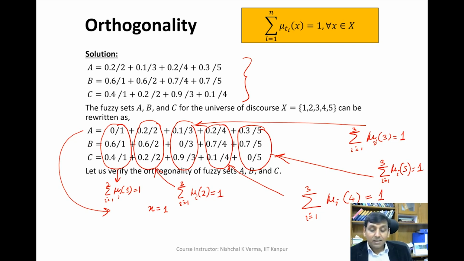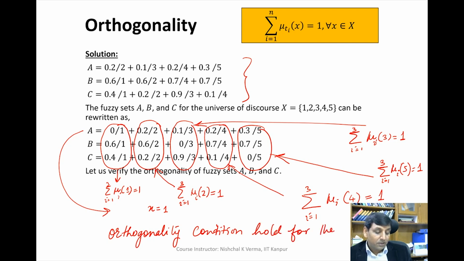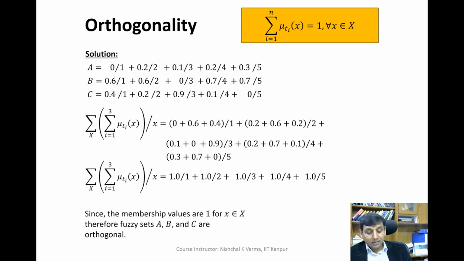So this way we can say for these 3 discrete fuzzy sets, the orthogonality condition holds for the term set containing A, B and C. So all the three discrete fuzzy sets are basically helping the term set to be orthogonal.